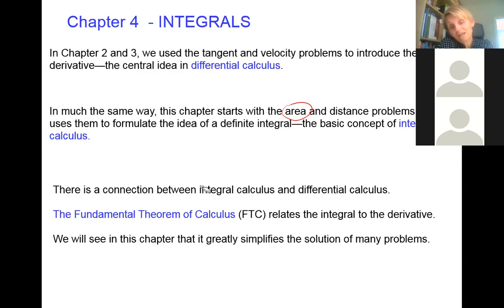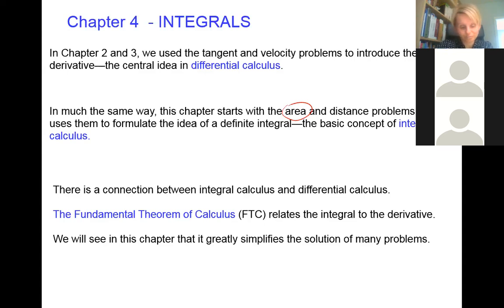You can say the integrals were kind of introduced last week, finishing chapter 3 with anti-derivatives. It's almost anti-differentiation, the process of integration. We're still not using that terminology and notation, but it's almost the same thing.